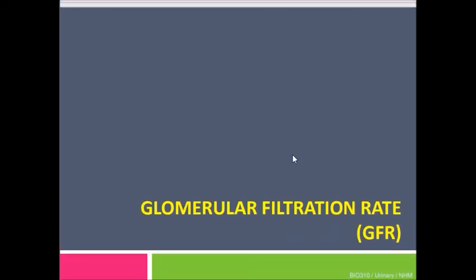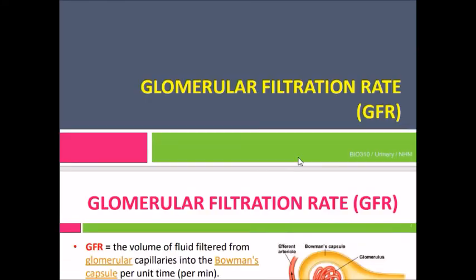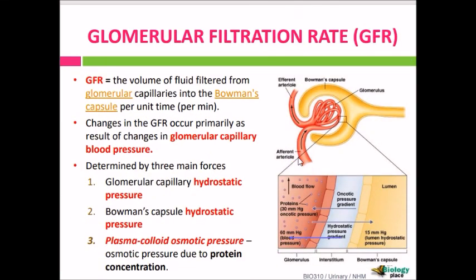glomerular filtration rate. So what is glomerular filtration rate? During the whole process that we discussed just now, you have to remember that we also need to calculate how much fluid from the blood plasma actually goes into our nephron. Glomerular filtration rate, GFR, is the volume of fluid filtered from the glomerulus into the Bowman capsule per unit time.